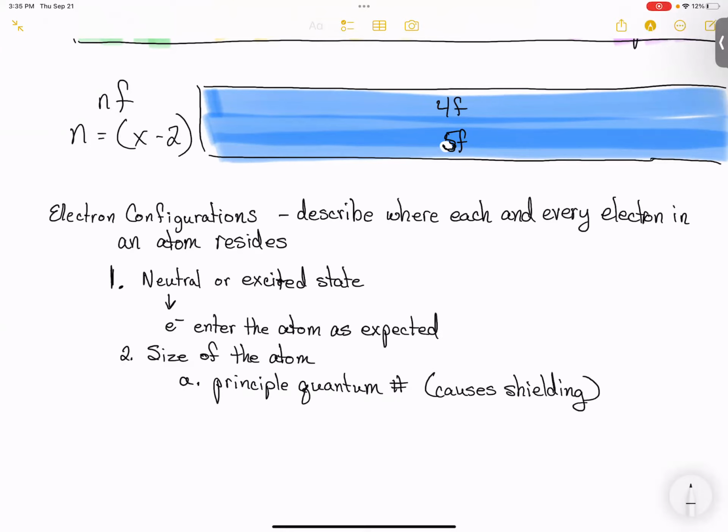But another thing that is going to go into this is going to be the effective pull of the nucleus on the outer electrons.